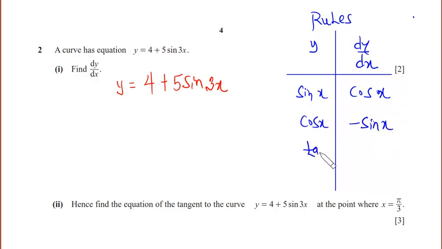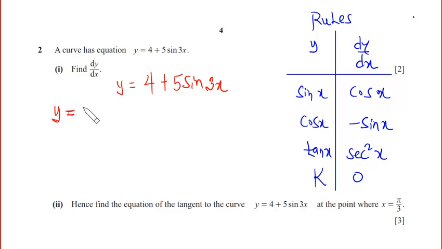And when we have tan x, the differentiation gives sec squared x. Now what of when we have a value that does not contain x? For instance, let's say k. k doesn't contain x, then the derivative of k will be equal to 0, since the initial function does not contain x. Very important.